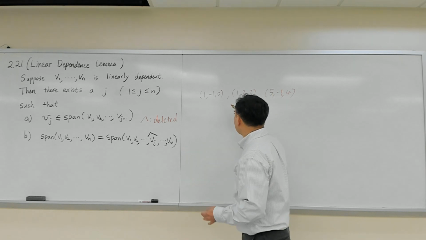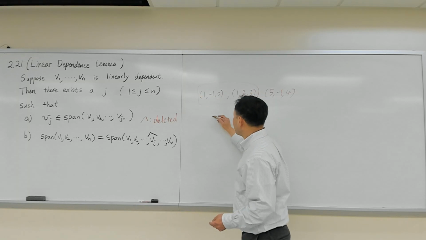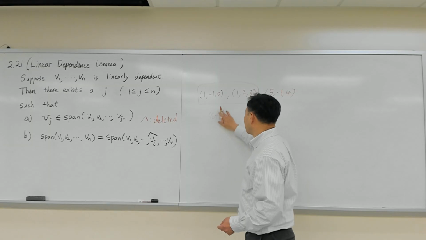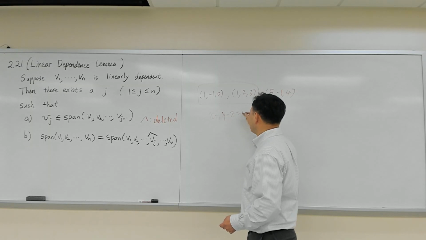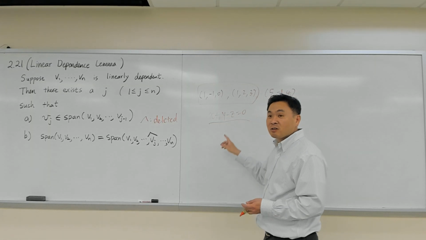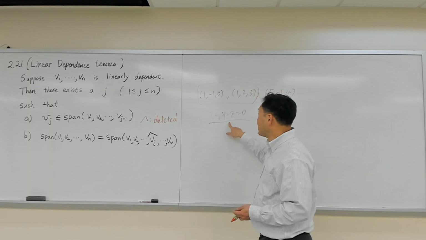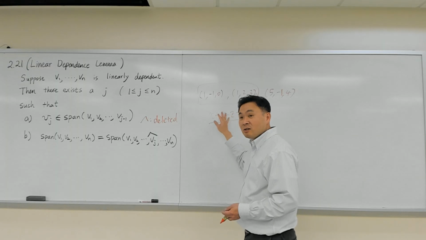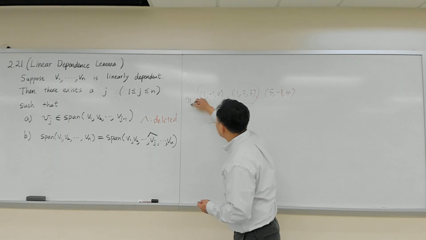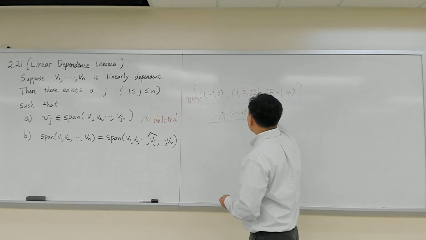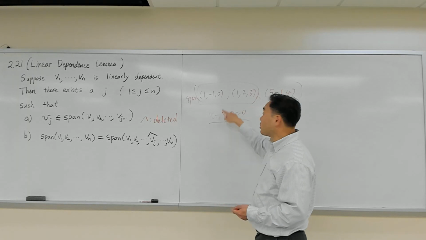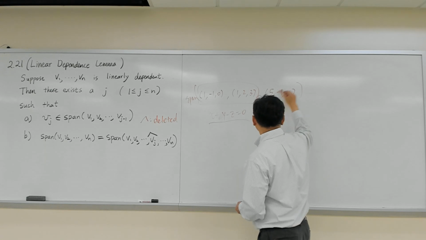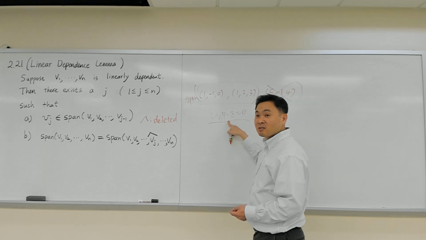We already have seen that this spans the entire hyperplane x plus y minus z equal to 0. That was the vector space that contains these, and two of them span the entire thing. So the span of these three vectors is this, because they all satisfy this equation. But in that case, we could delete this and still get the same space, right?